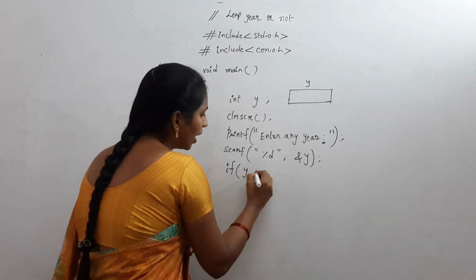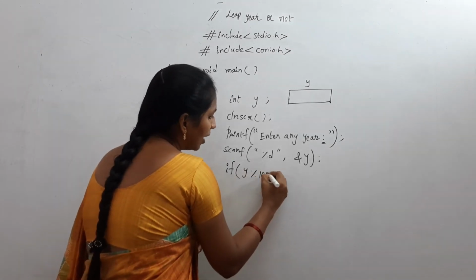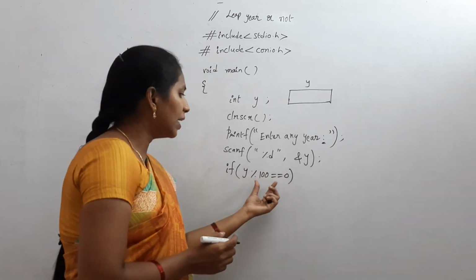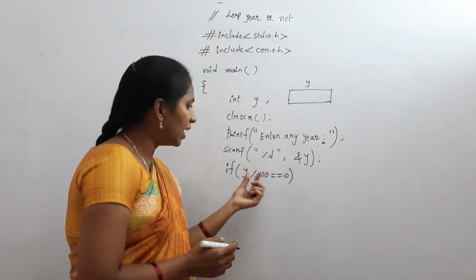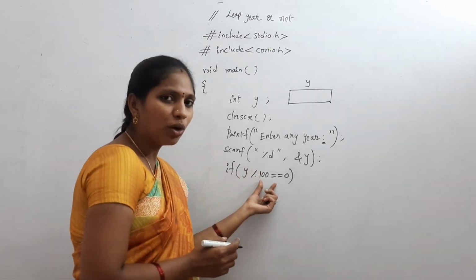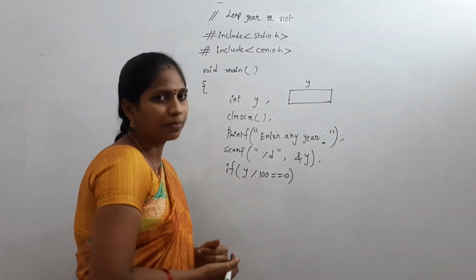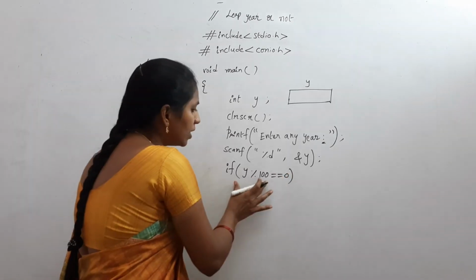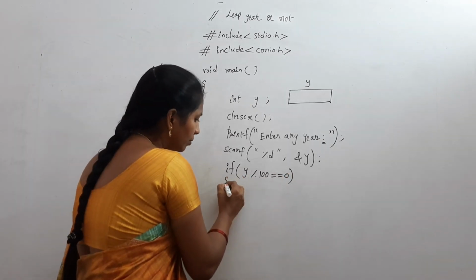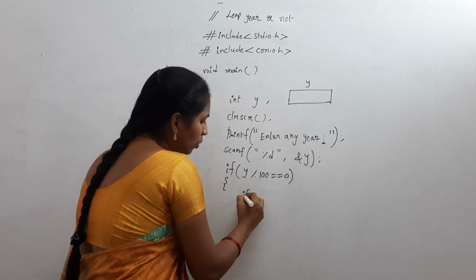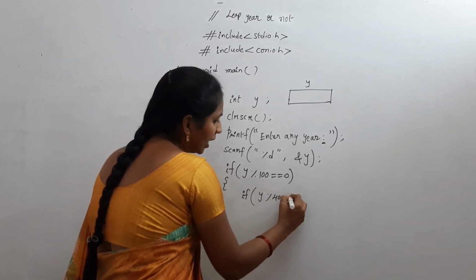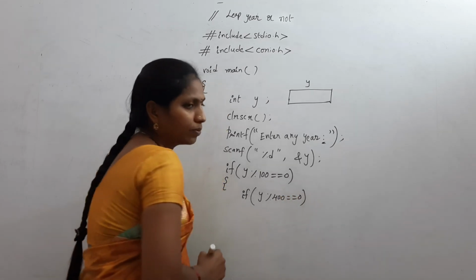So, if y modulo 100 equal to 0. This is the condition to check whether the year is a multiple of 100. Don't give a semicolon after this condition. If this condition is true, then I want to check one more condition: if y modulo 400 equal to 0.